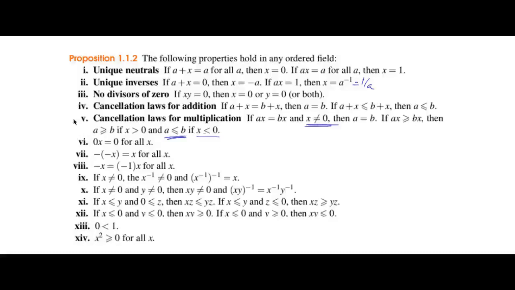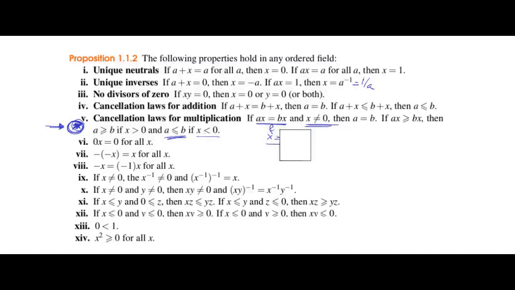Please be careful, because everybody makes mistakes on this. If a times x is equal to b times x, and x is 0, then you cannot make any assumption about a and b.